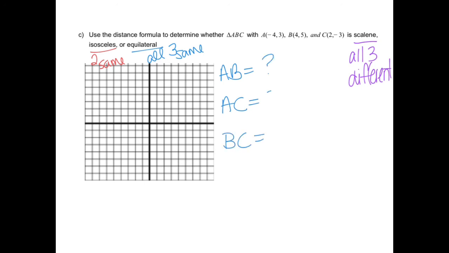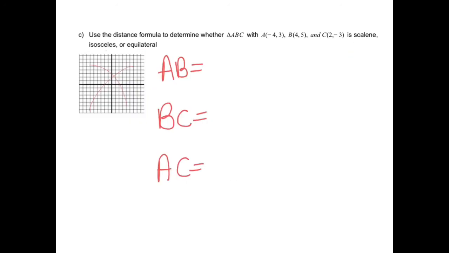So we want to find out what these distances are, and if they're all different, it's a scalene. If 2 of them are the same, it's isosceles, and if 3 of them are the same, then it is equilateral. So let's set this up here. With AB, the points we would be using would be (-4, 3) and (4, 5).